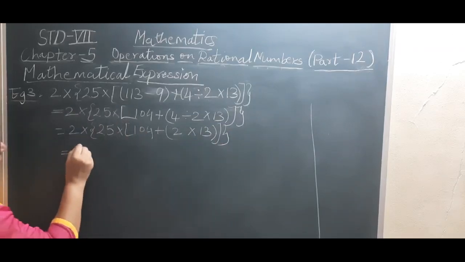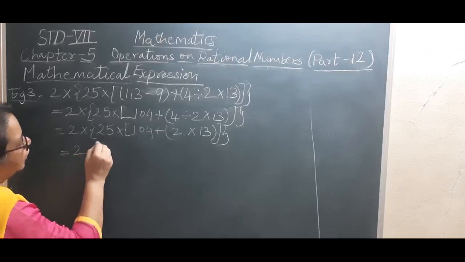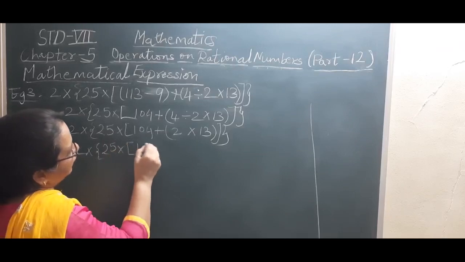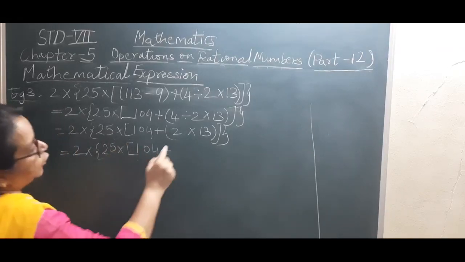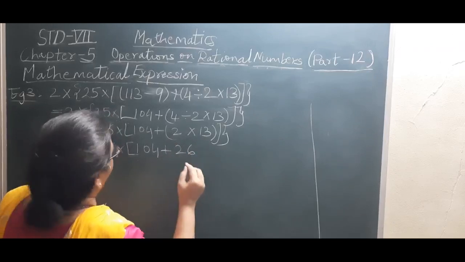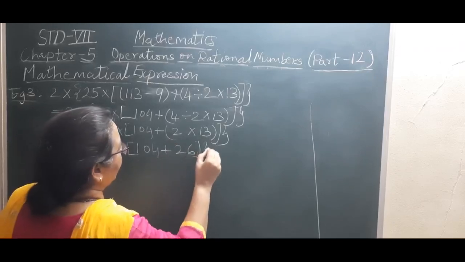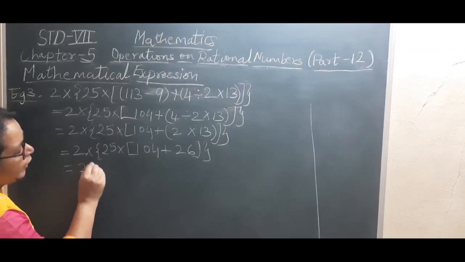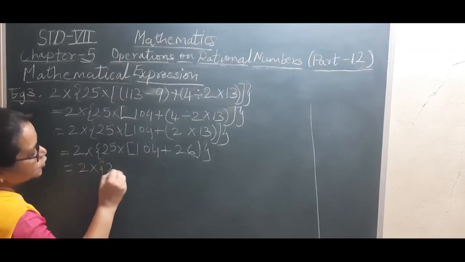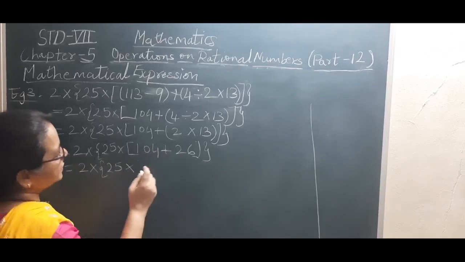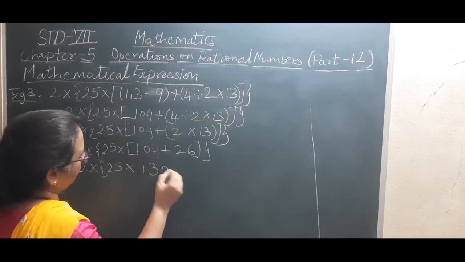Now third step, 2 into curly brackets 25 into square bracket 104 plus 2 13s are 26 and close the square bracket and curly brackets. Now next children, 2 into curly brackets 25 into 104 plus 26 is 130.